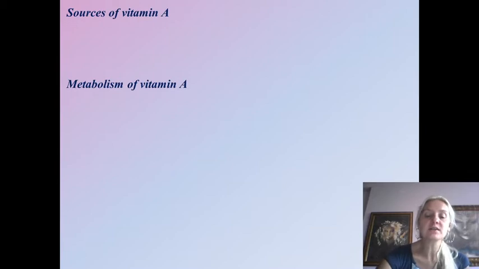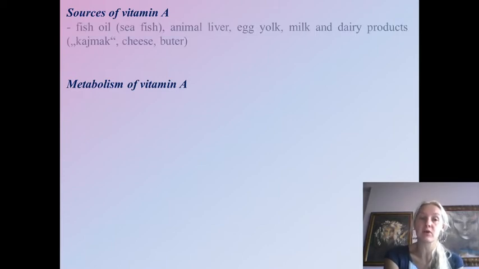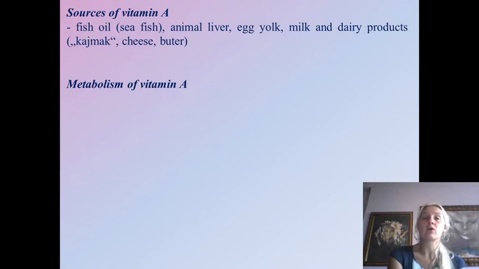Which are the rich dietary sources of vitamin A? Like most of the liposoluble vitamins, the major dietary sources of vitamin A are of animal origin. Those are fish oils from sea fish, or also from cold sea fish, animal liver, egg yolk, milk and dairy products like cheese, butter, kaimak in our region, and so on.